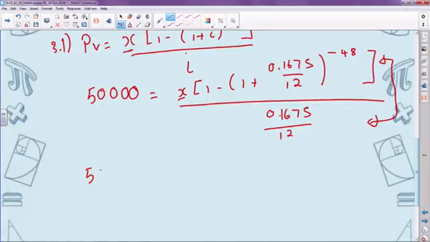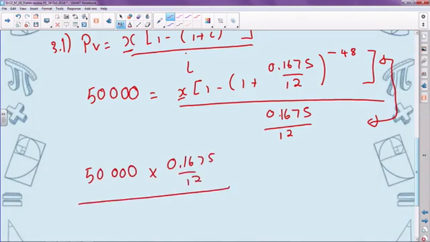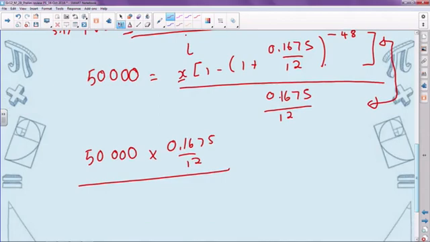So you're simply going to take 50,000 and divide by the whole thing, remembering your brackets and times, so it's 0.1675 divided by 12, and divide the whole thing by your bracketed term. All of this you put straight into your calculator.